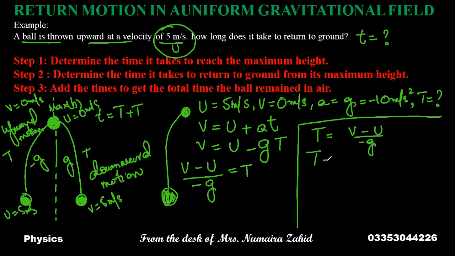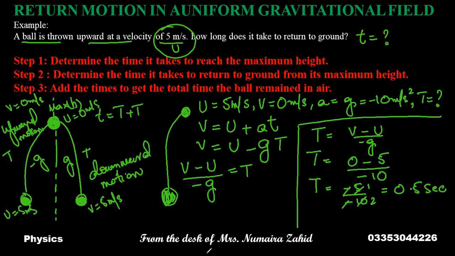So here we are going to evaluate T equals v minus u over minus g. It means T can be calculated as the final velocity minus the initial velocity, divided by minus 10, which is the value of gravitational acceleration. So it becomes minus 5 over minus 10, which becomes 0.5 seconds. Got it?